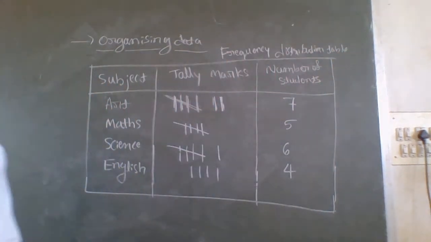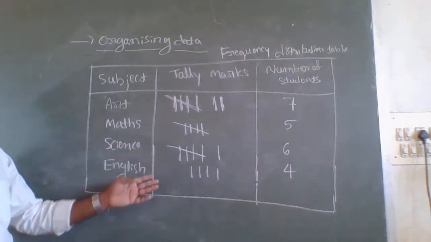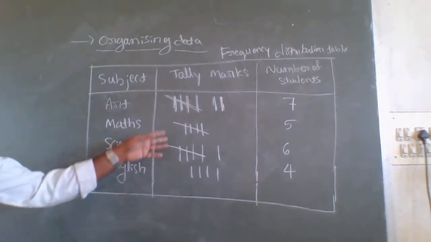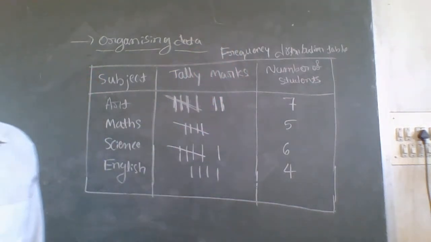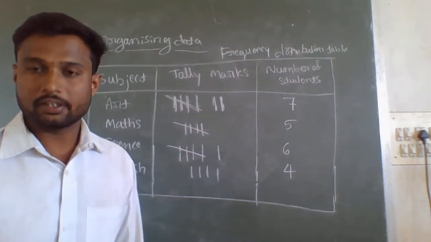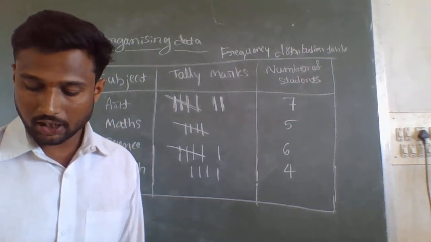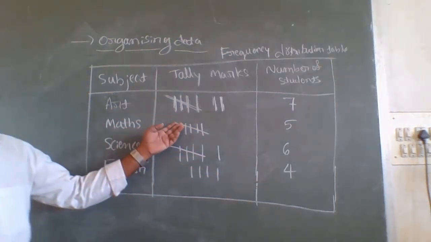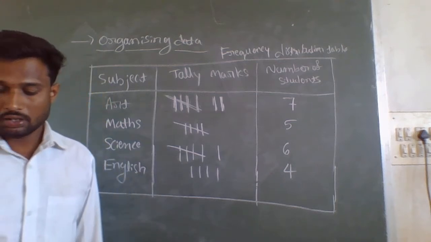Therefore, this is known as a frequency distribution table.